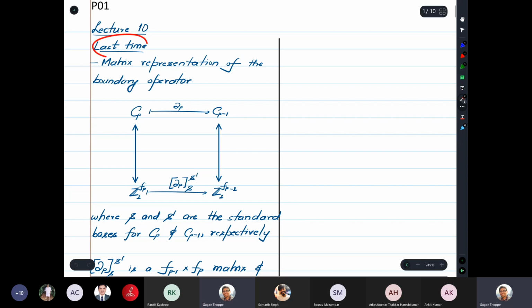If you remember, last time we looked at the concept of a matrix representation of a boundary operator. This is not a new concept, because you have all done a course on linear algebra.